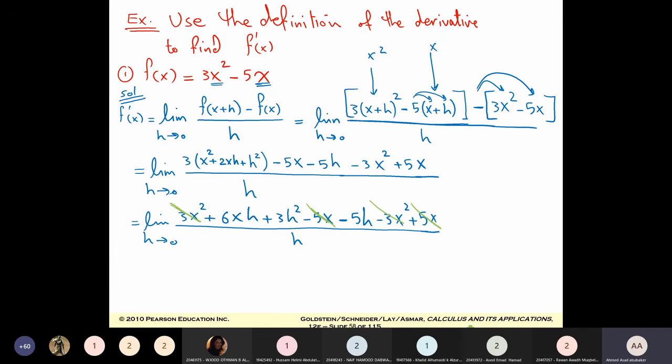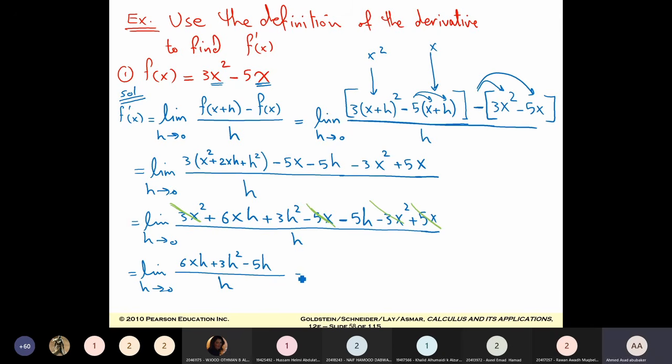So we have the limit as h goes to 0 of 6xh plus 3h squared minus 5h over h.